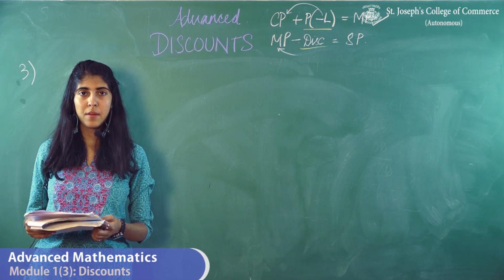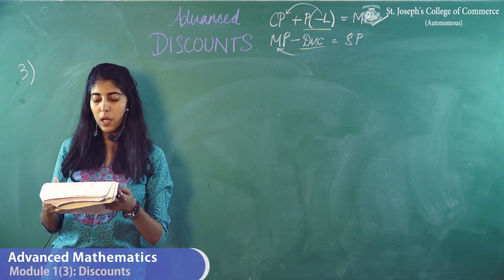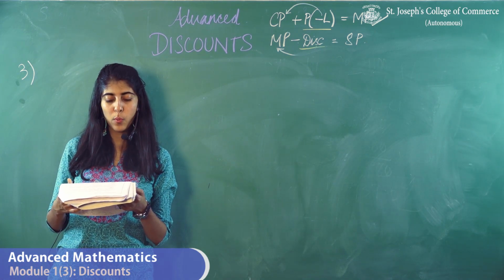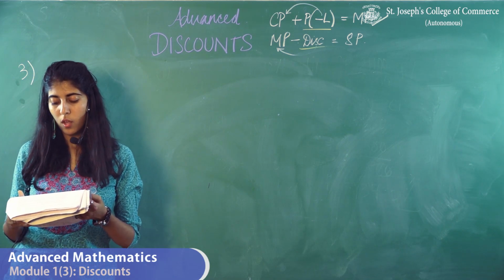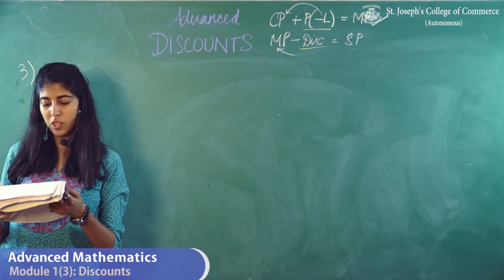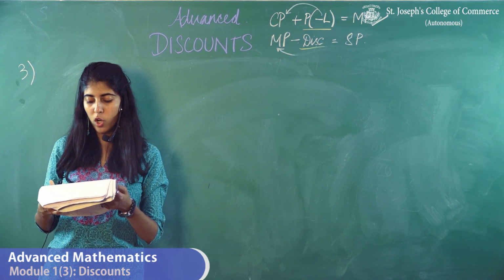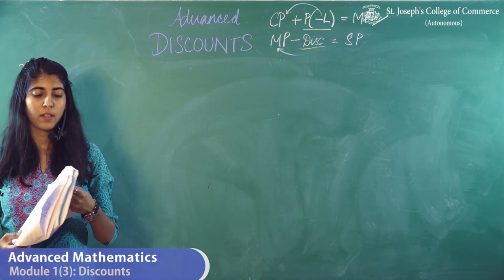Moving on to the next sum under discounts, the third sum. A trader is offered a discount of 15% by one wholesaler, while he is offered a discount of 12% and a further cash discount of 3% by another. Find which is the cheaper, if at all, if he purchases at the cheaper rate and sells out at 5% below the list price. What rate percent profit does he earn on cost and selling price?